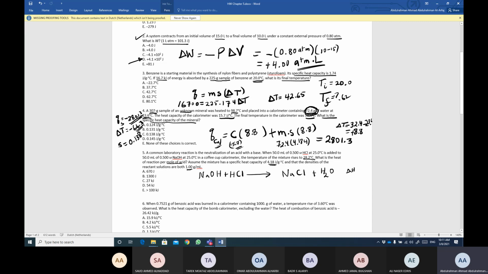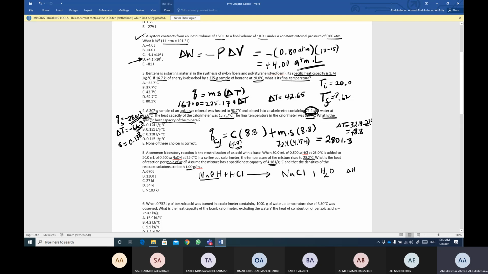What's the information that we have? How much NaOH we have? First, is the equation balanced? Yes, so we don't have to do anything with balancing.